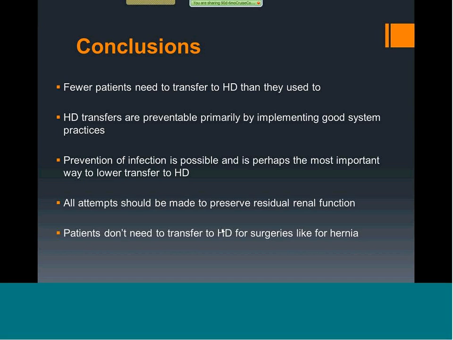A lot of the times, being on backup hemo is often not necessary. I've already given an example about hernia. For example, not infrequently somebody needs a laparoscopic cholecystectomy.